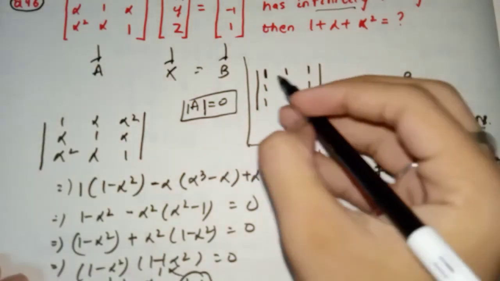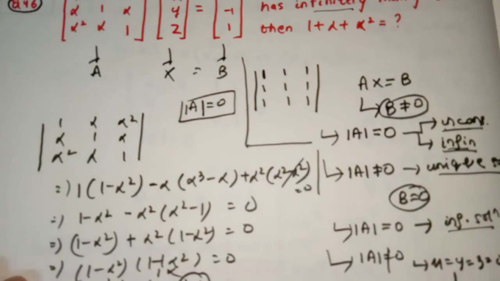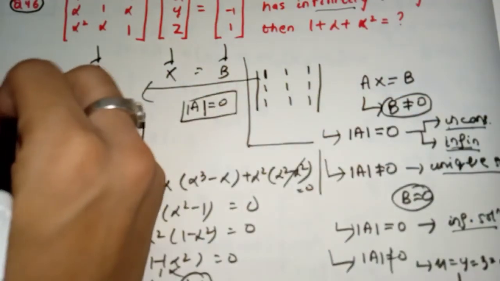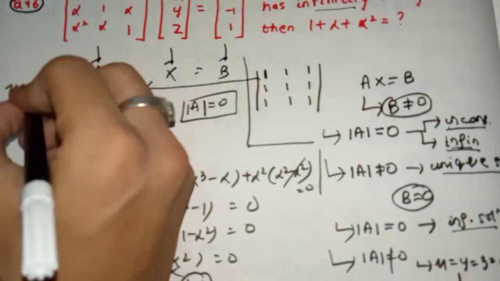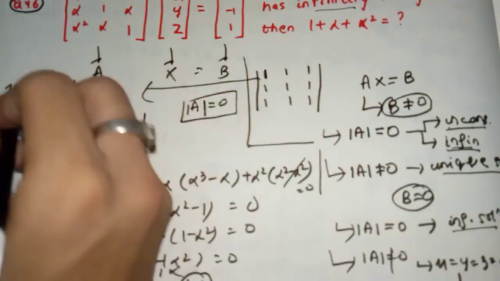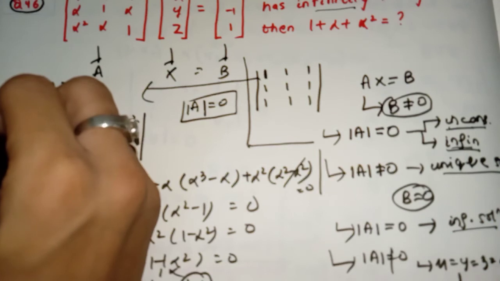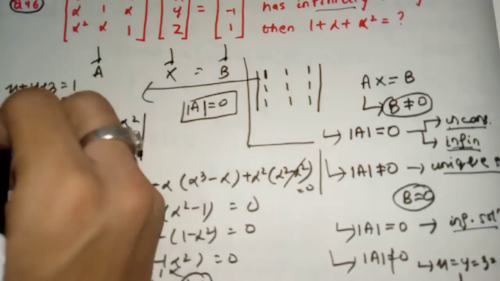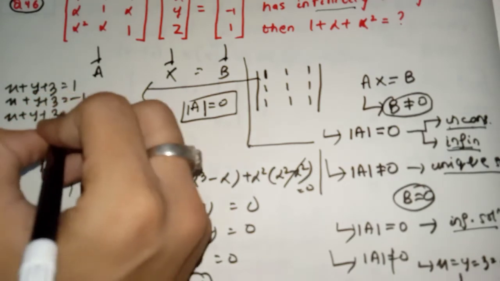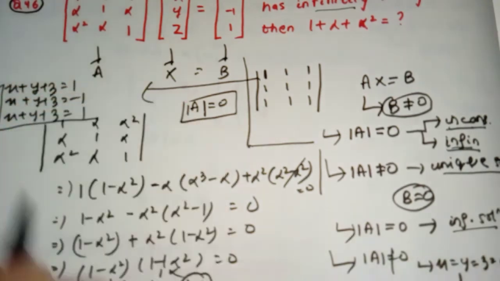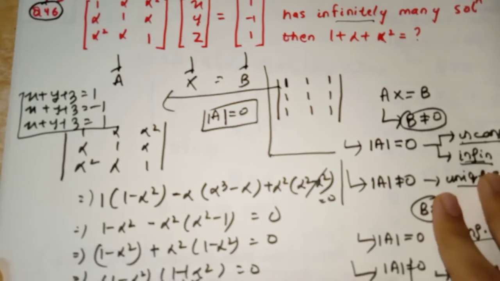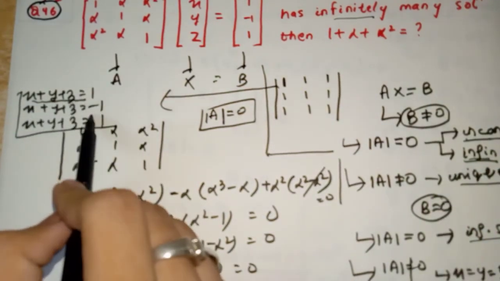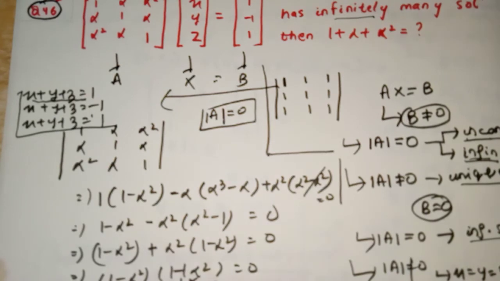Yes, it's right. Now if we find Ax for alpha equal to 1, we get x plus y plus z equal to 1, x plus y plus z equal to minus 1, x plus y plus z equal to 1. And now even a fool could answer that x plus y plus z can't be 1 and minus 1 simultaneously.